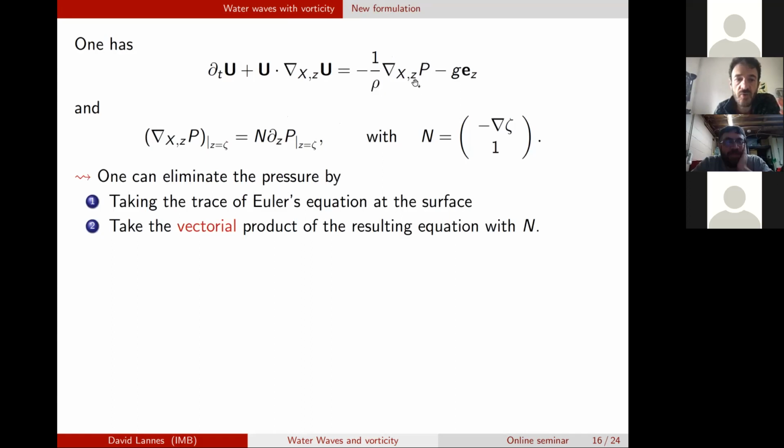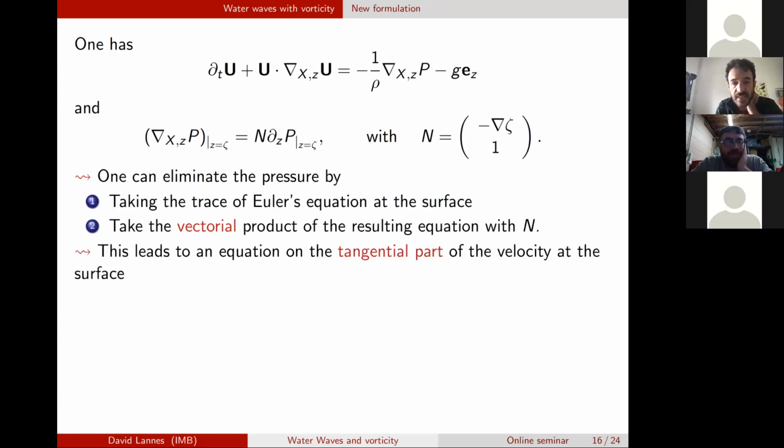Okay, so what we can do is to take the vectorial product of the resulting equation with this non-unit vector n, which is equivalent to looking at the tangential component. So if we do this, we are going to obtain an equation on the tangential part of the velocity at the surface.